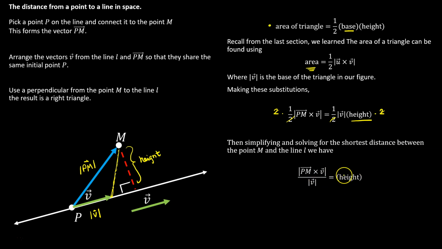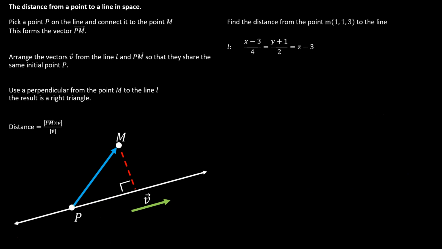That will give us our height, which we will call the distance. Now that we've made this image and we've come up with the shortcut formula using vectors to find the distance between the point and the line, let's practice.